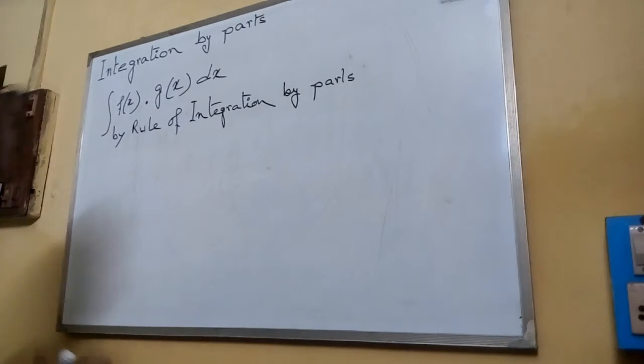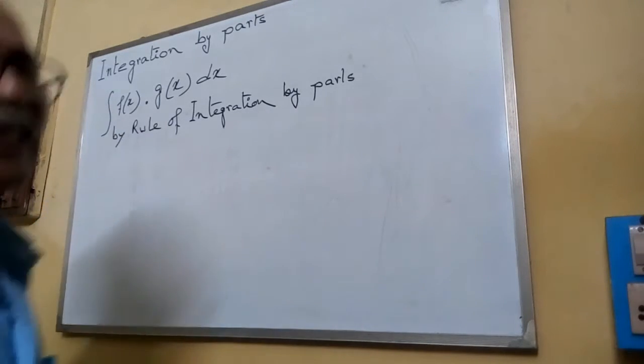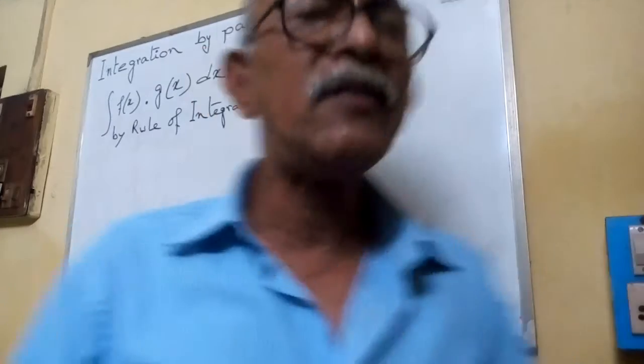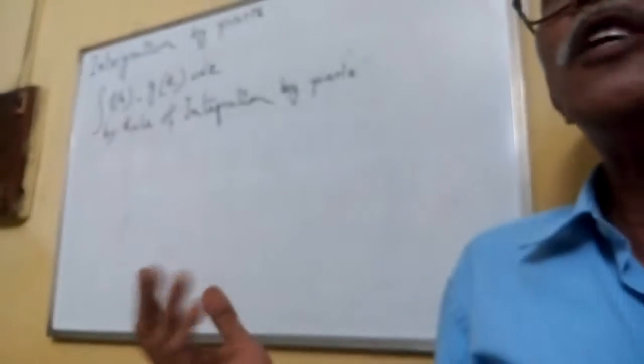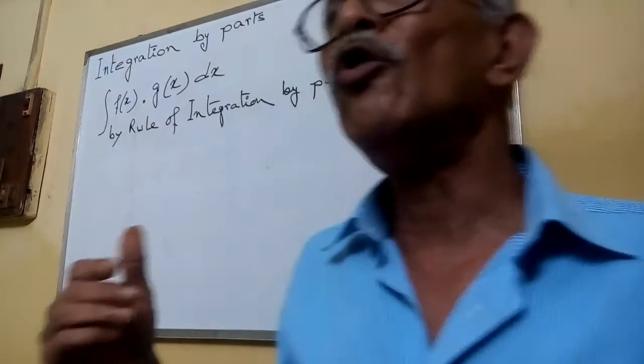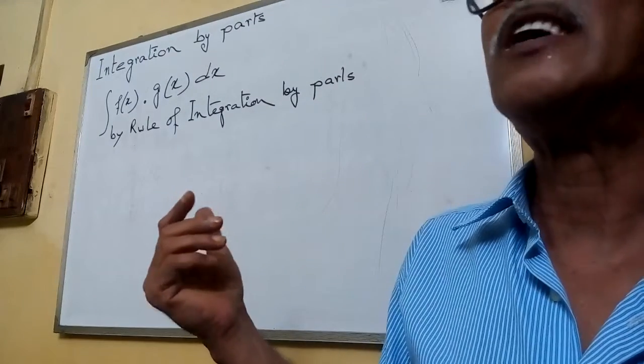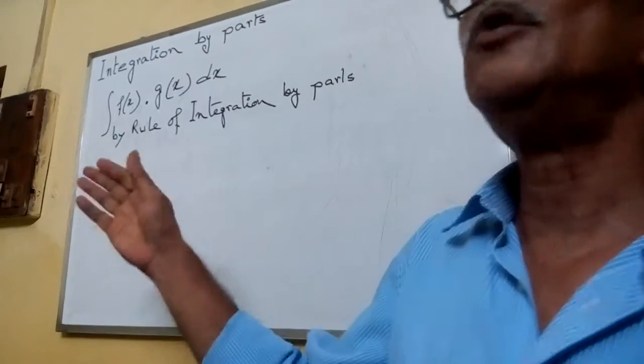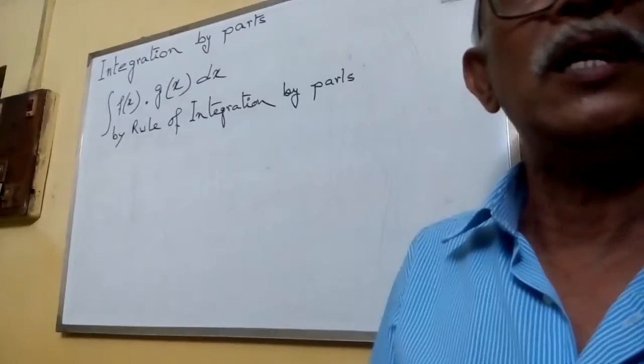Now you are doing f(x) into g(x), and g(x) into f(x) is the same thing. There is no difference between f(x) into g(x) and g(x) into f(x). So which one do we take as the first one, and which one as the second one?